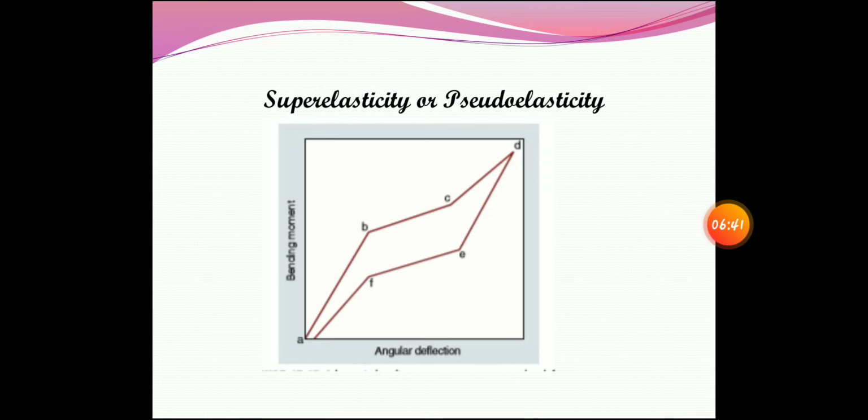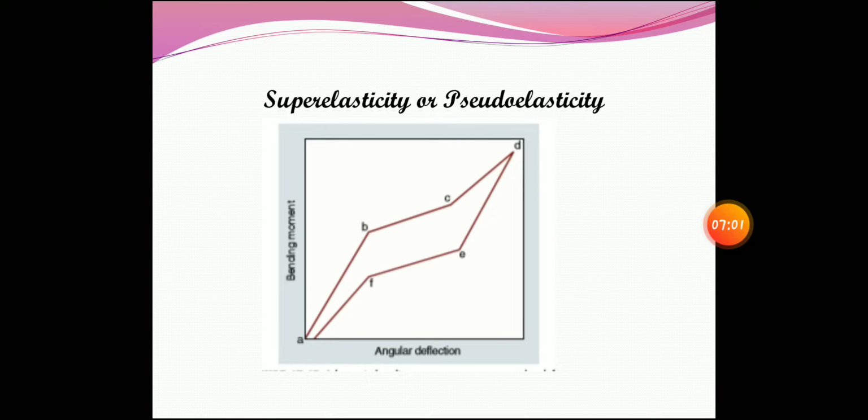After point C, when there is an increased stress, there is further elastic deformation along with plastic deformation, that is a bending movement will occur along C to D. So now this upper portion is done.